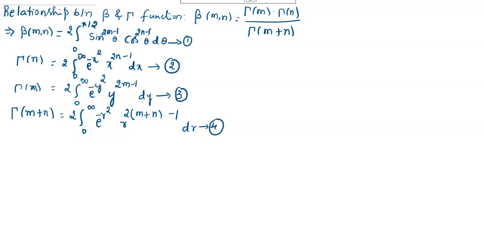Now you have to take equations number 2 and 3 and find the product, that is gamma of m into gamma of n.